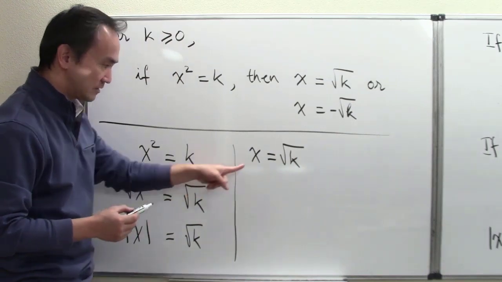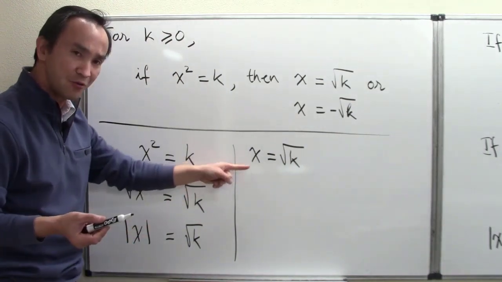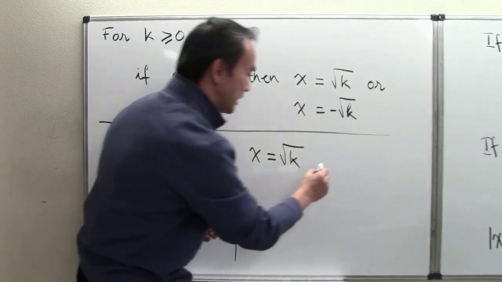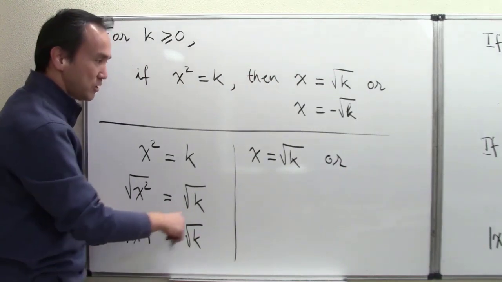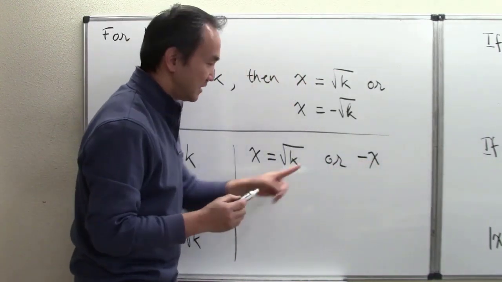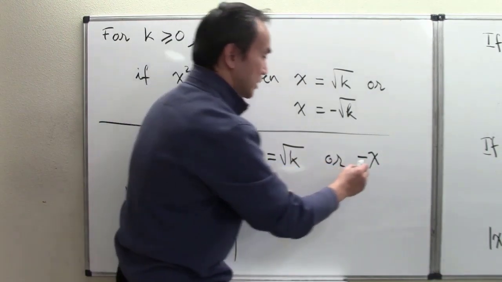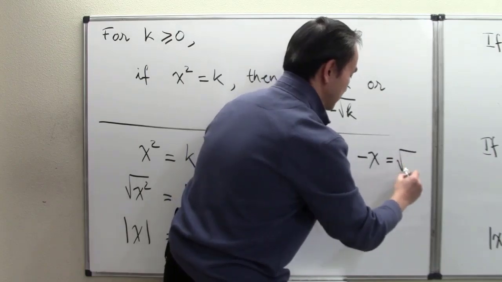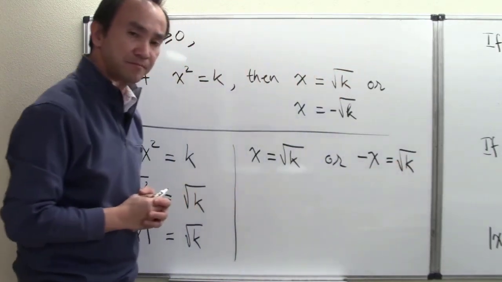This is for the case where x itself, the unknown, may be a positive value. But then on the other hand, this absolute value of x will break into minus x in case that the unknown may be a negative value. And so in that way, we can equate that with the square root of k.